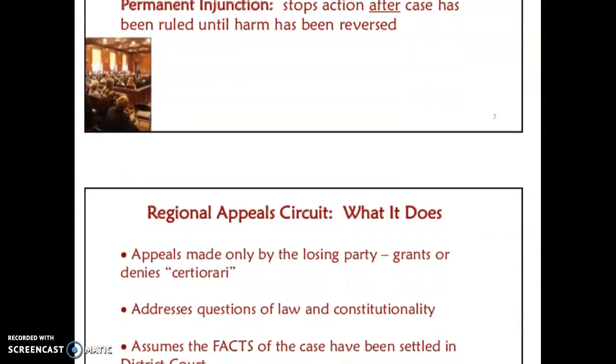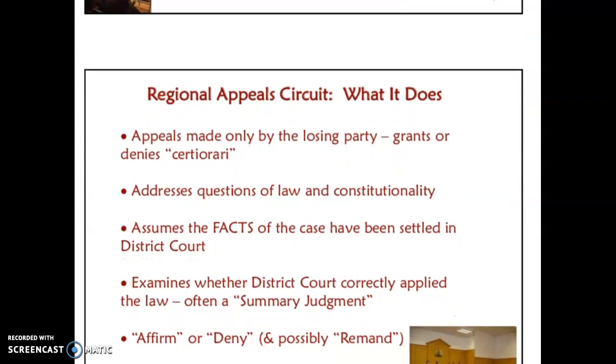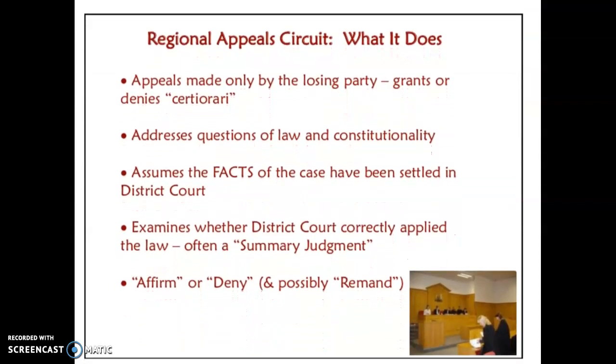So the next level of the court system, the regional appeals court, is appeals must be made by the losing party. Grants or denies certiorari, where a court reviews a previous ruling from a lower level of court.